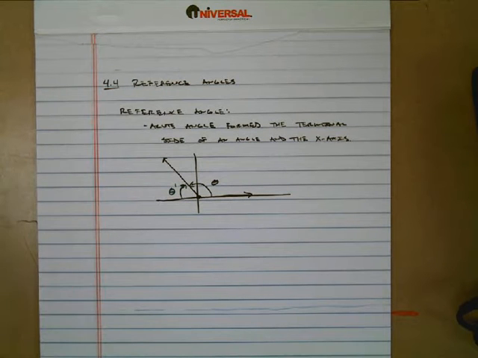Now, what is it used for? Well, it's used to evaluate trig functions. The idea is, if we're given a piece of information regarding an angle that gives us a location within the plane, we can use that to determine the trigonometric ratios of that angle itself.